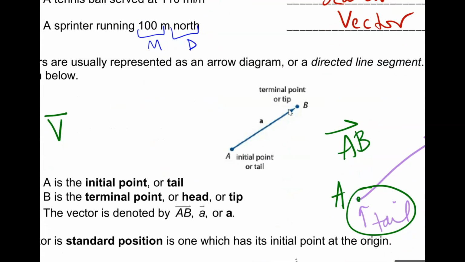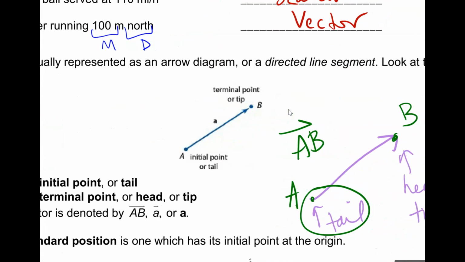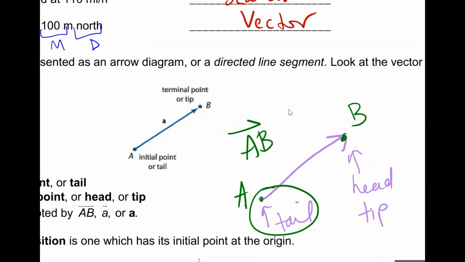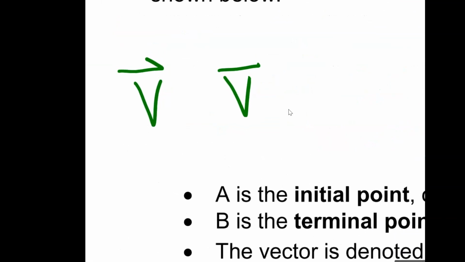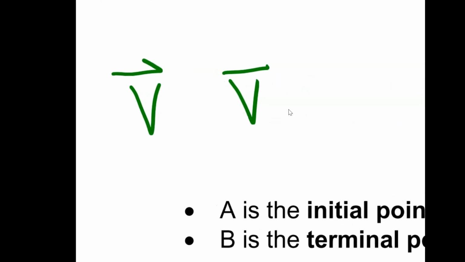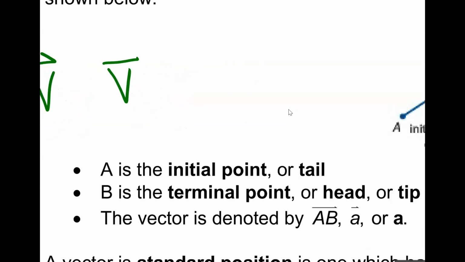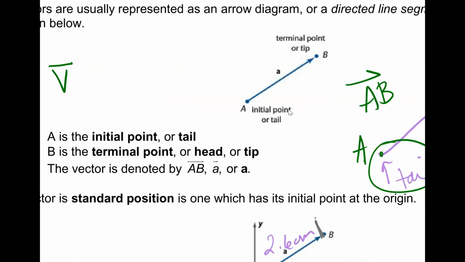So vectors are usually represented as an arrow diagram or a directed line segment. Look at the vector shown below. Just so you know, in physics, you will see it as a line over or a half arrow looking thing. A is the initial point. We call this the tail.